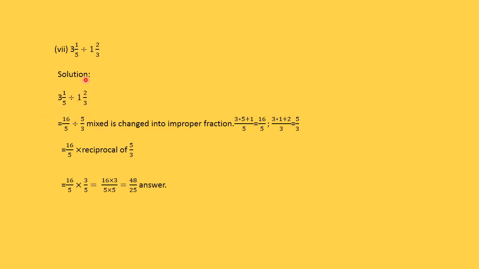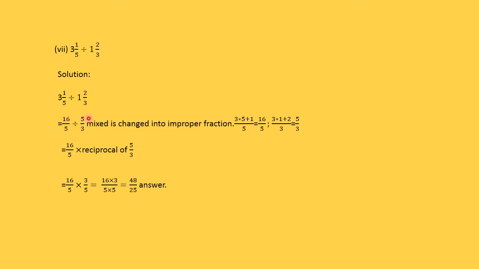So first of all we will change them into improper fractions. 3 5s are 15 plus 1, so 16 upon 5, divided by 3 1s are 3 plus 2, 5 upon 3. So 16 upon 5 divided by 5 upon 3. Isn't it? Quotient into denominator plus remainder.